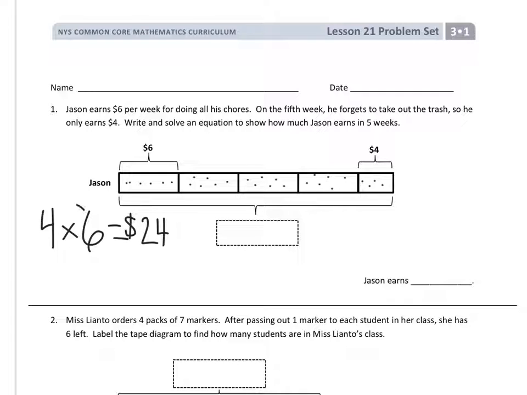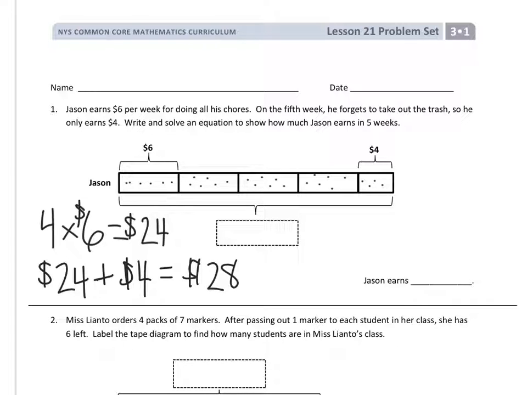And don't forget your dollar signs. Now, that's just for these boxes. What do I need to do with this $4? I need to add it. $24 for the first 4 weeks plus another $4 for the 5th week equals $28.